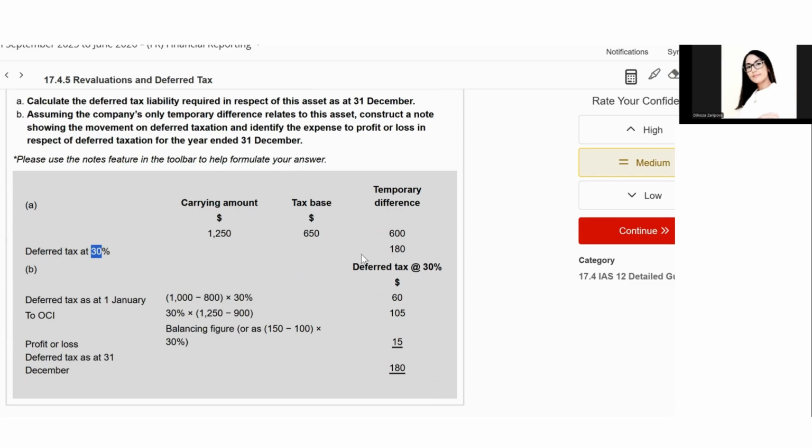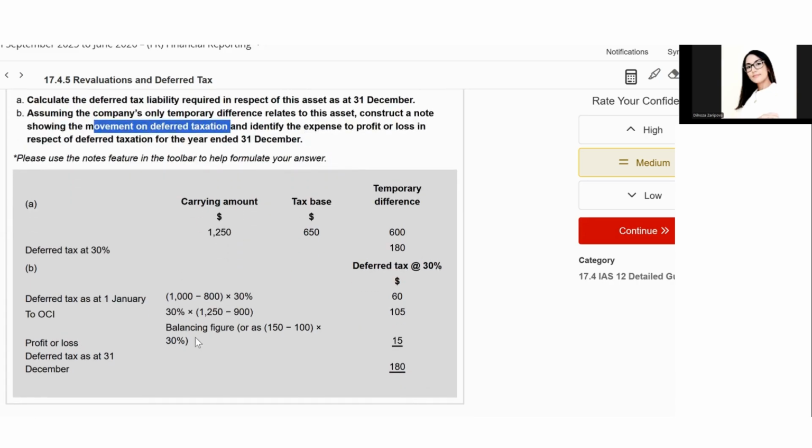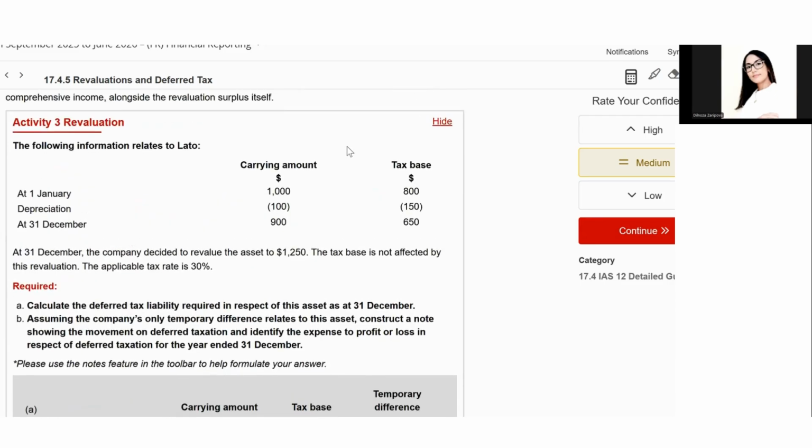And you have here for B, they are saying, assuming the company's only temporary difference relates to this asset, construct a note showing the movement on the deferred taxation. So how do we show this movement in our disclosures? They are saying we need to show it this way for deferred tax purposes. We should first show 1st of January, what was our 1st of January deferred tax based on these figures, right?